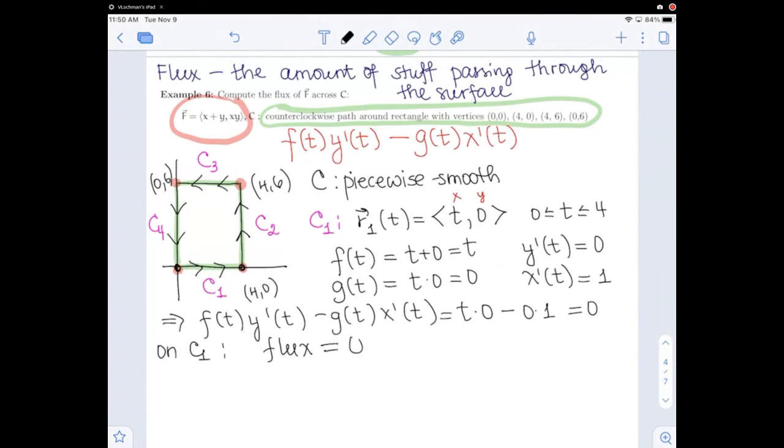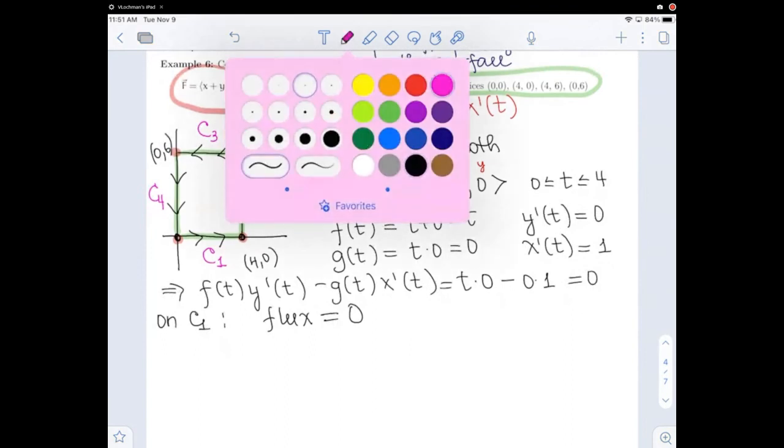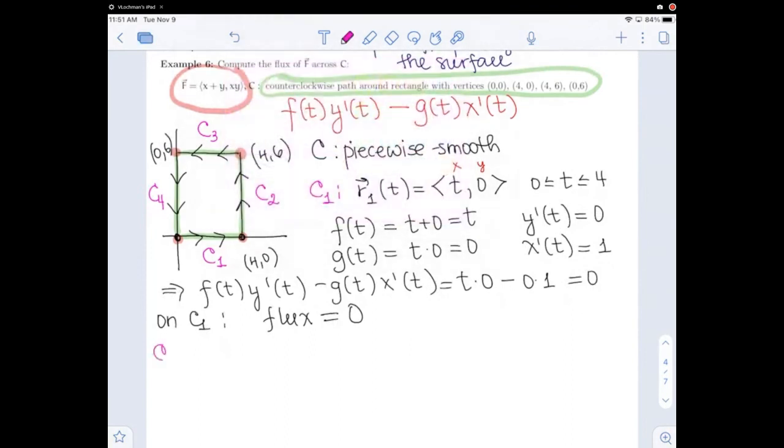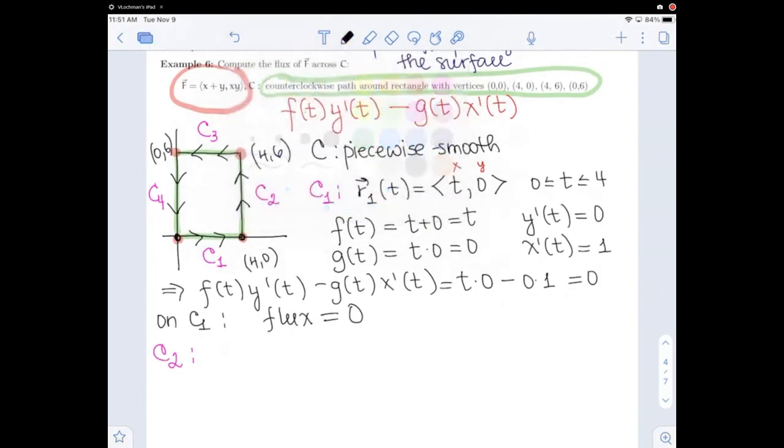Okay? All right, so that's the first part, and yes, we've got to do the same type of computations for the other 3 curves. So let's see what happens on the next curve, C2. We've got a parametric description of our curve. It's a straight line that goes from 4, 0 to 4, 6.